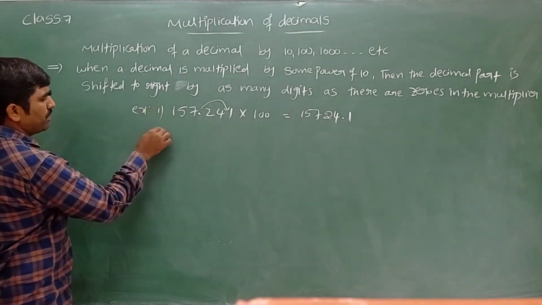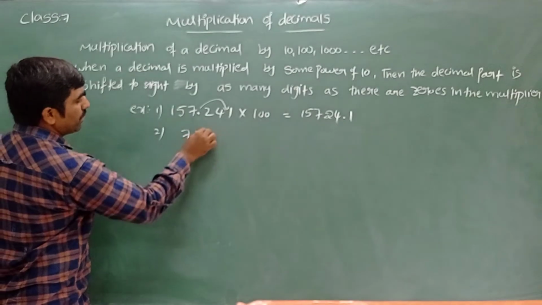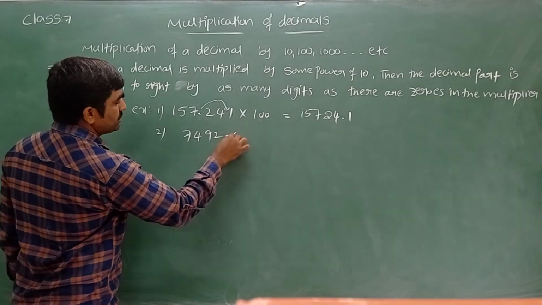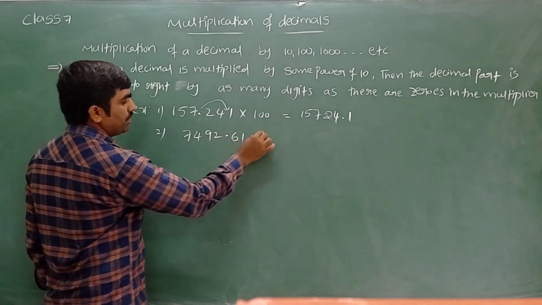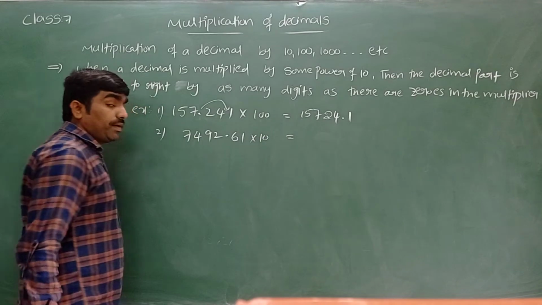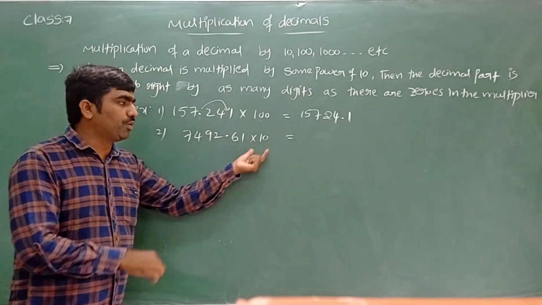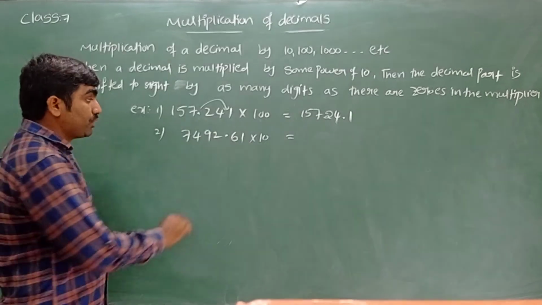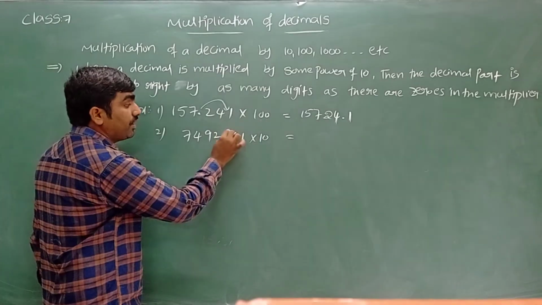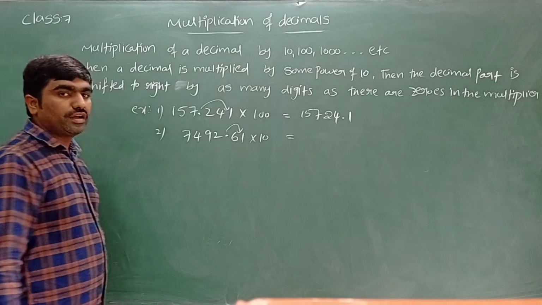Let me see one more example. Second example, 7492.61 into 10. How can I multiply this decimal with 10? In that 10 I can see only 1 zero. So the decimal point is shifted to the right side after 1 digit.